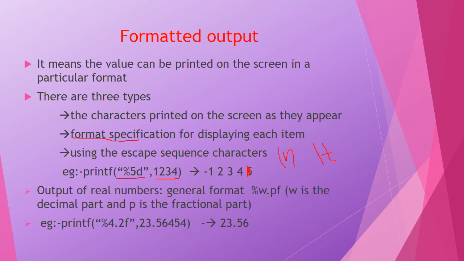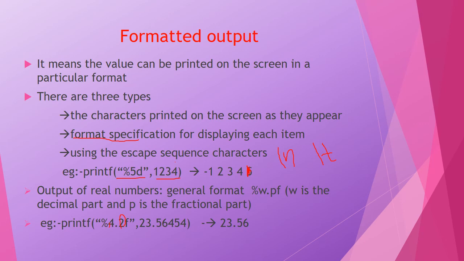And next, output of real numbers. How to do it? It has a general format, that is %w.pf. Here w is the width and p is the number of digits after the point. Now I'll tell you how to print it. For %4.2f, what is the specification? 4 is the width, and 2 is the fractional part value.